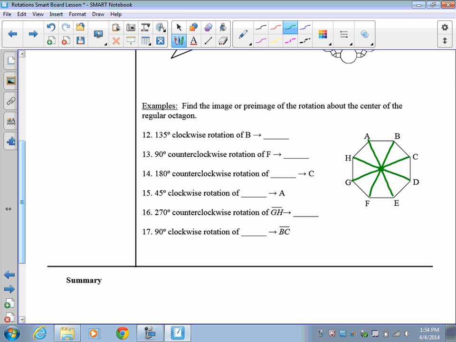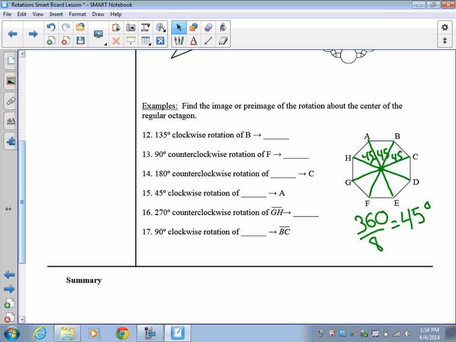So all of these triangles are going to be the same. So what is each angle inside here? Since there's 8 sides, it's going to be 360 divided by 8, which is 45 degrees. So that means each time I move over, it's going to be 45 degrees. So on and so forth.